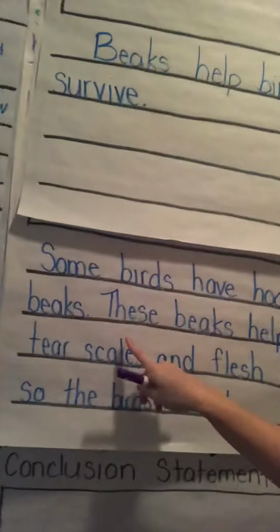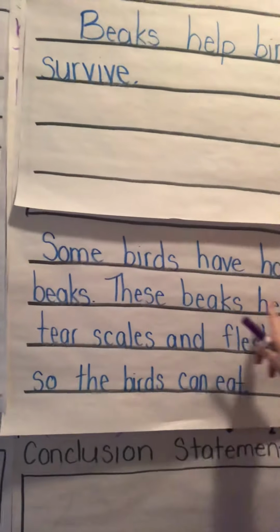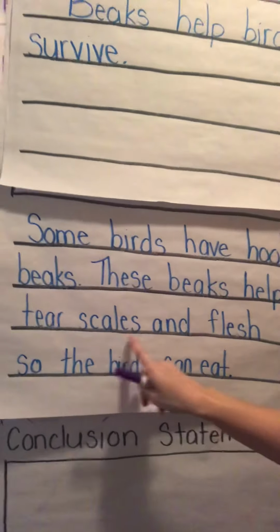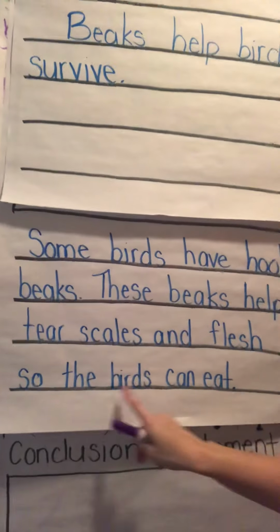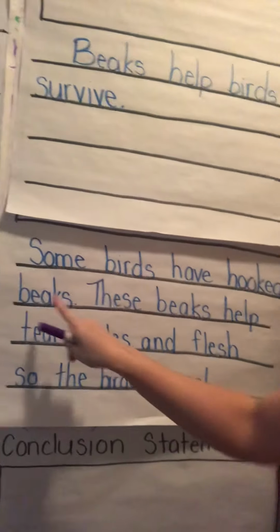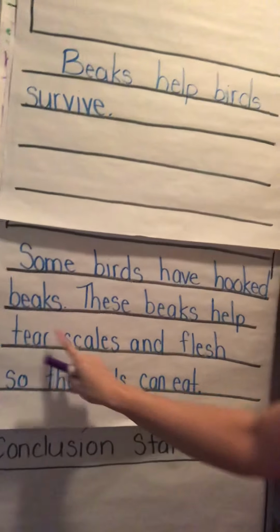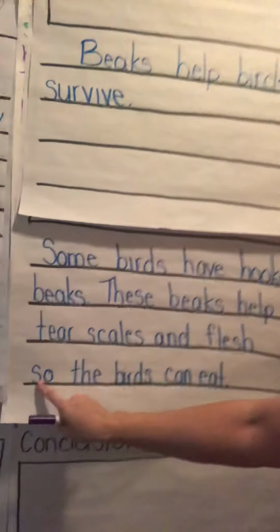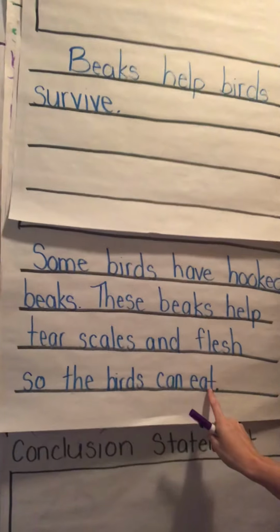So then I put, these beaks help tear scales and flesh so the birds can eat. So when we wrote our first detail, we actually really wrote two sentences. The first one described what the beak looked like, and the second one told us how it helped it survive. So together it says, some birds have hooked beaks. These beaks help tear scales and flesh so the birds can eat.